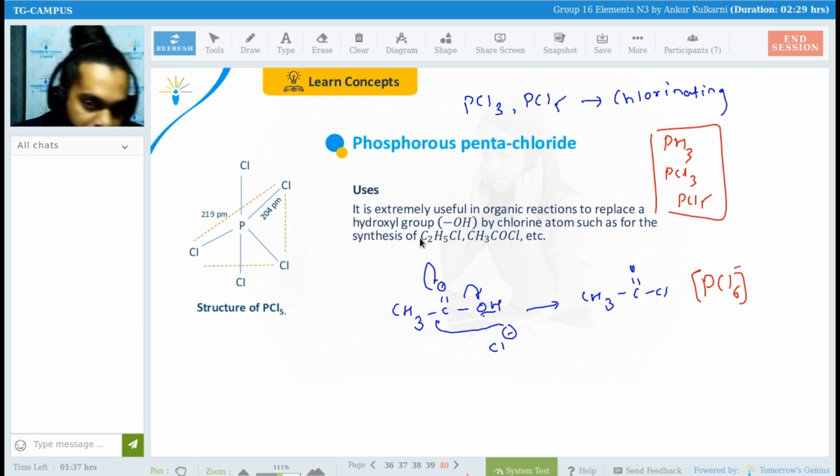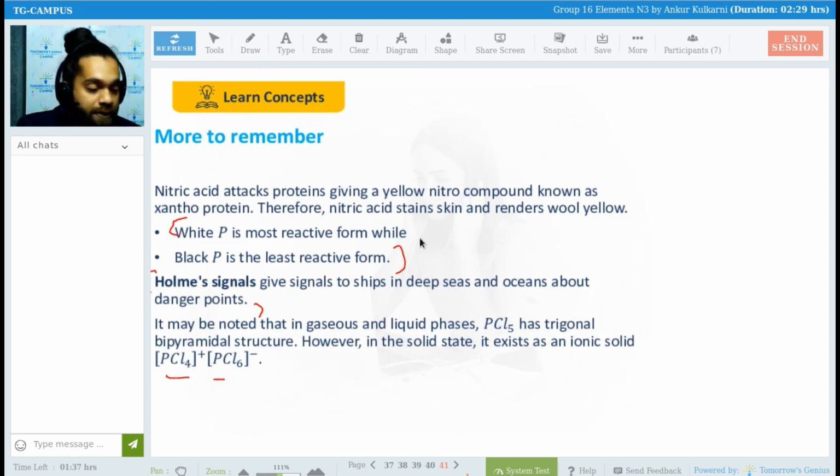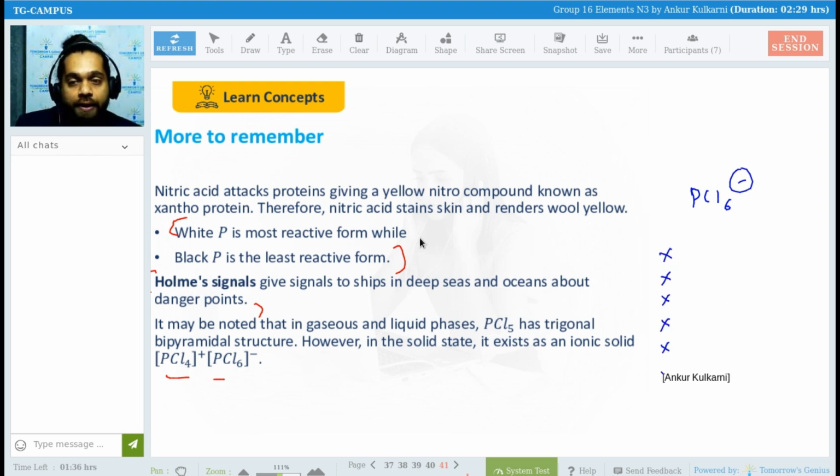Yes, everyone, PCl6 minus. Again, over here, phosphorus. How many electrons do you have? You have 5 electrons, correct? Extra negative charge makes it 6 electrons, and you have the 6 chlorine.